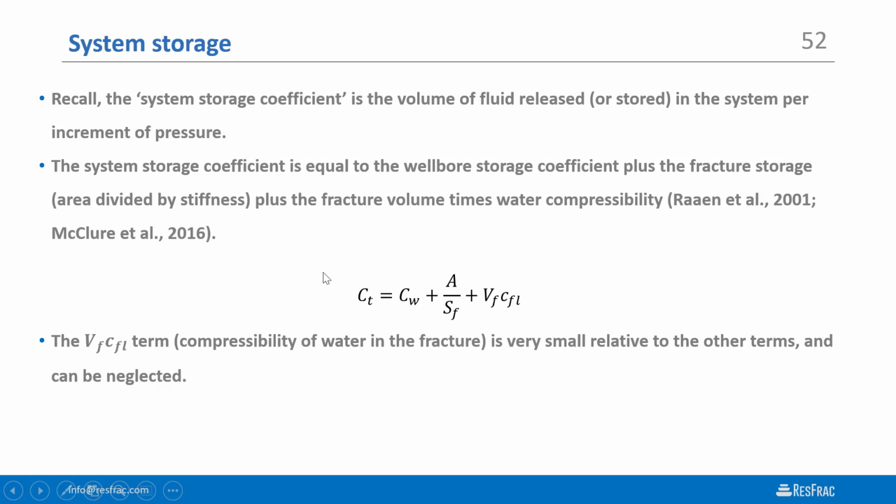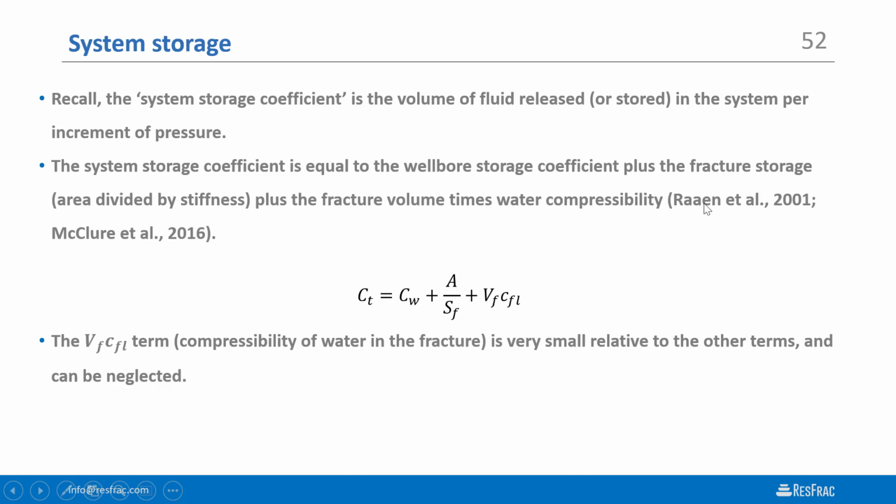There are two sources of storage. One is the wellbore storage, which is the compressibility of the fluid in the wellbore, and the second is the fact that the fracture itself is opening and closing and its volume is changing. You can quickly do some back-of-the-envelope calculations, which we do in the paper, to show that that's the dominant component.